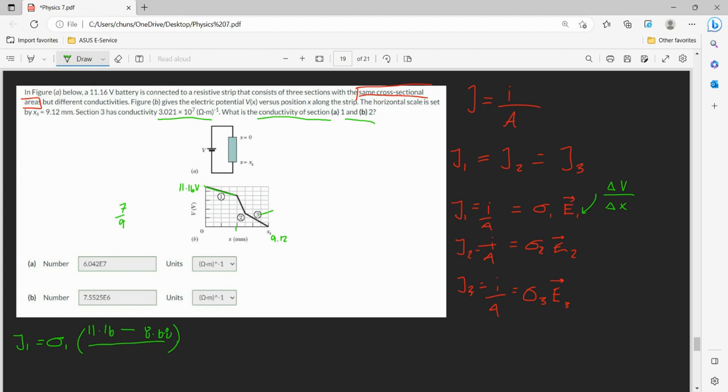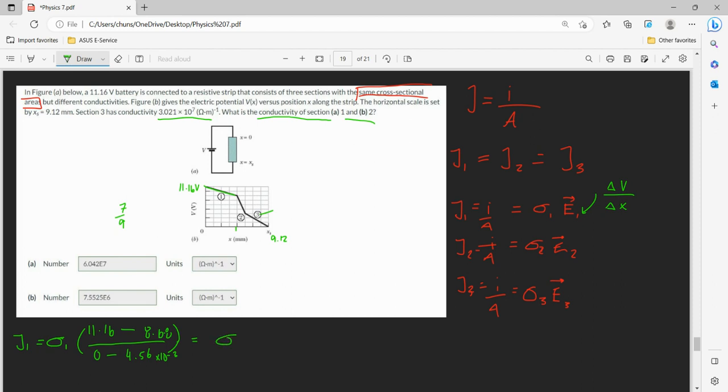So that's our change in voltage and our change in our distance. So this is at half of 9.12. So this is negative 4.56 times 10 to the negative 3, because we're in millimeters.